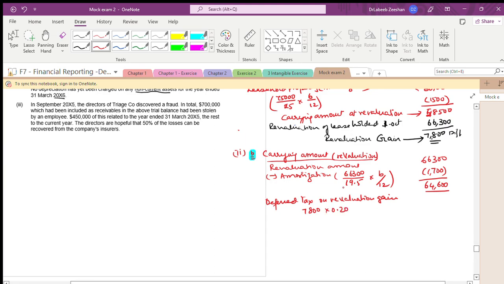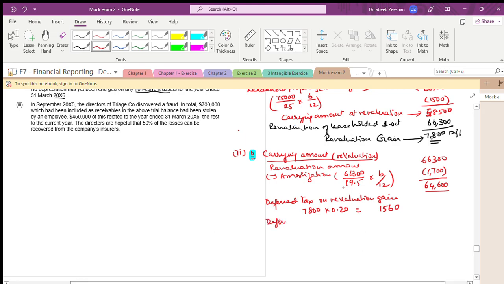Deferred tax rate is how much? 7,800 into 0.2. How much? 1,560. Is it right?